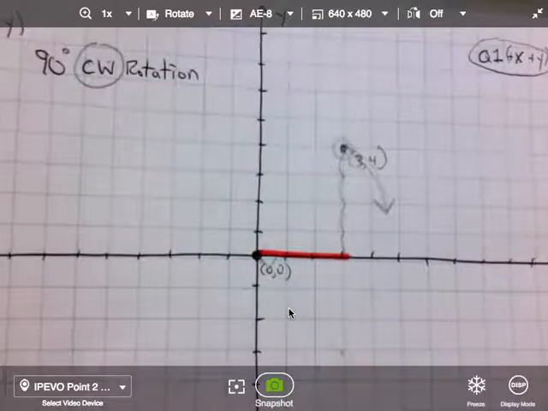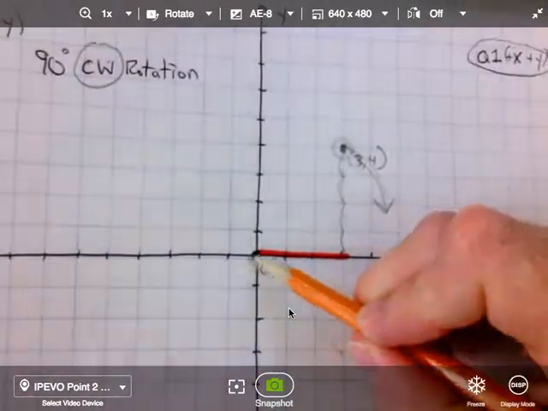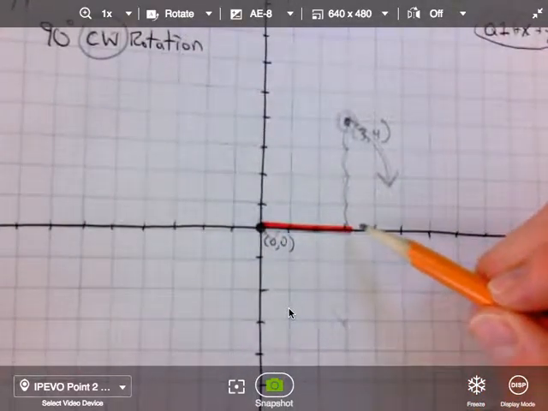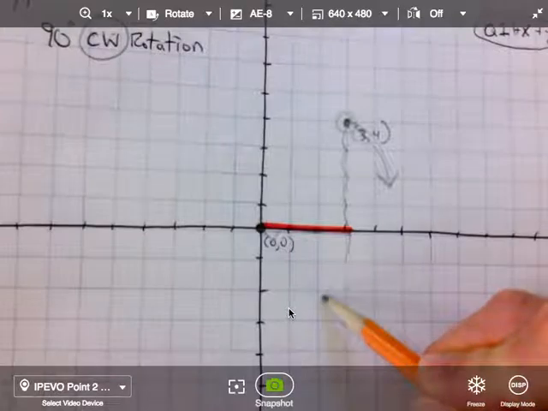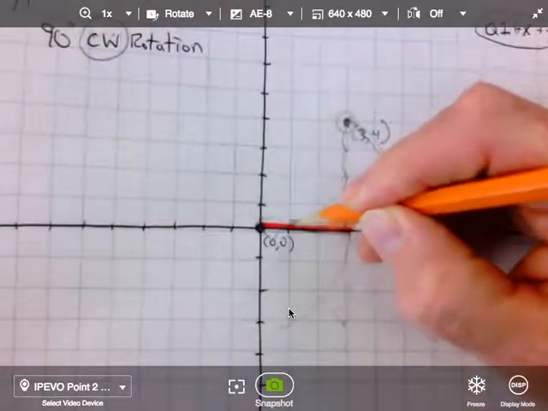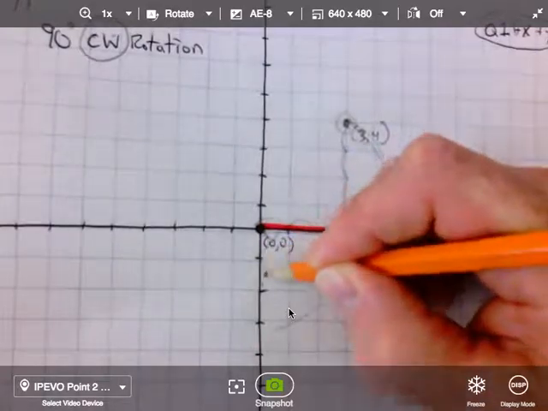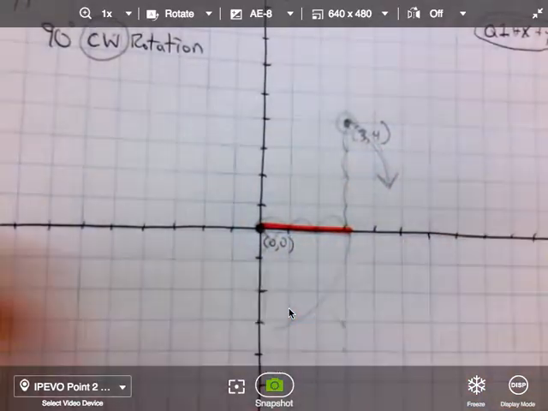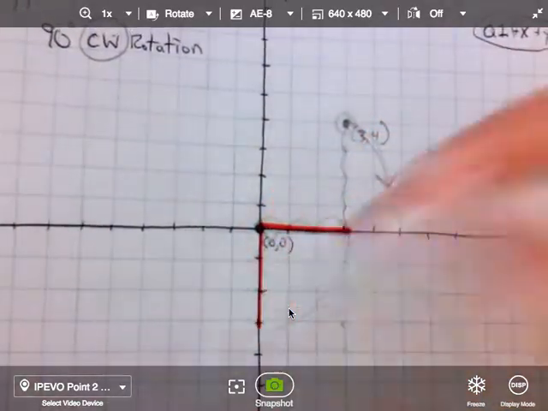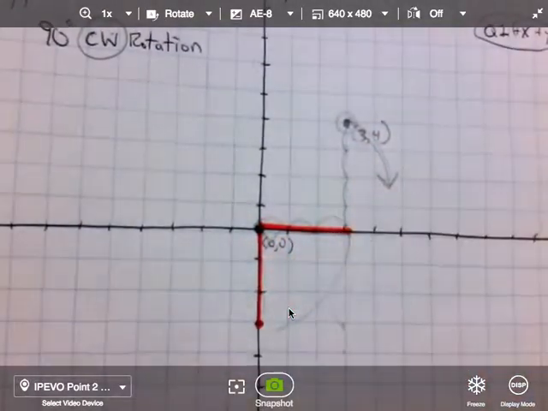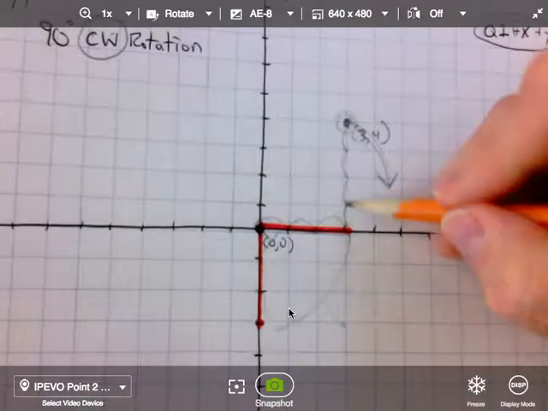I wish I had little devices here to show you. I know that I can rotate this 90 degrees, and I know what a 90-degree clockwise rotation would look like. It would look like this. I go 3 units here. That means I rotate it down 3 units to here. So the first part of my arm, instead of branch, I'll say arm, comes down to here. But what do I do with this next bit?